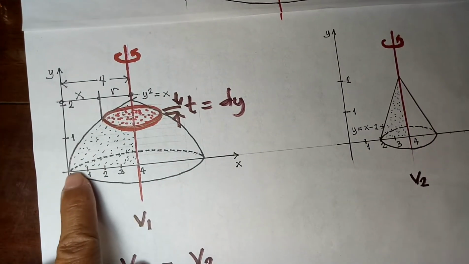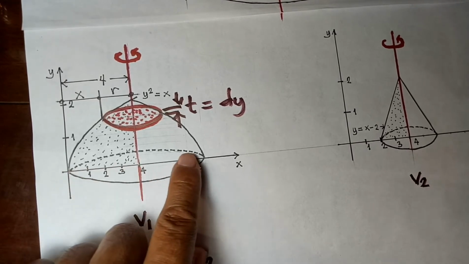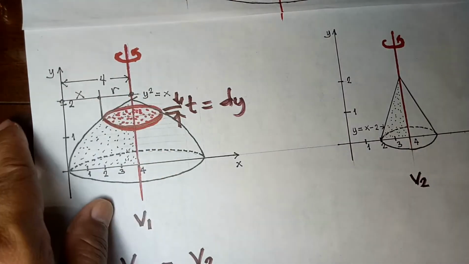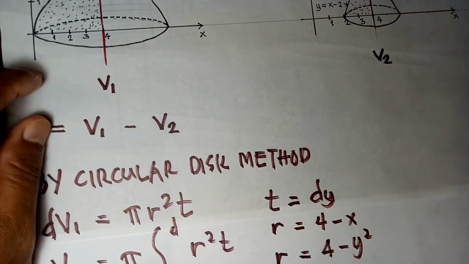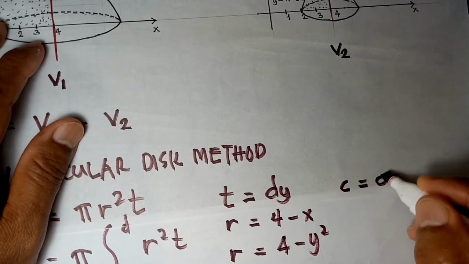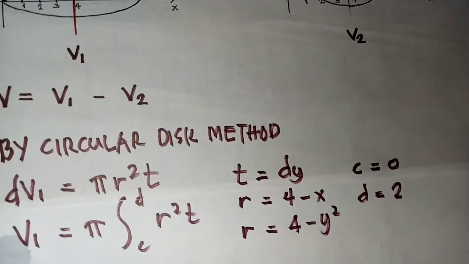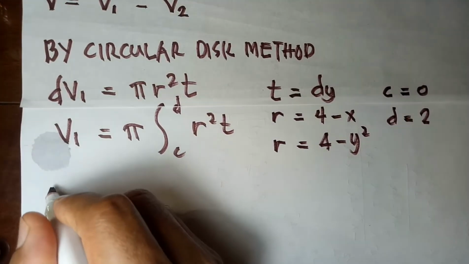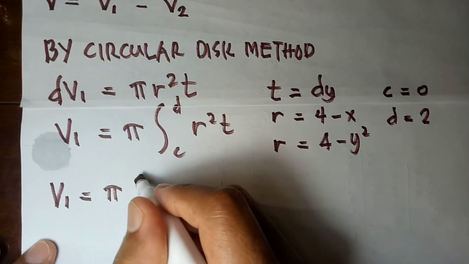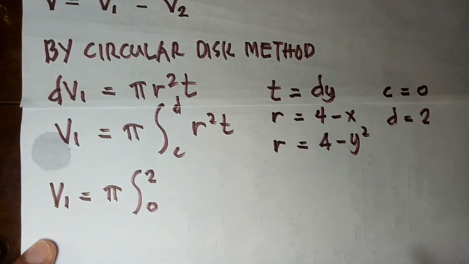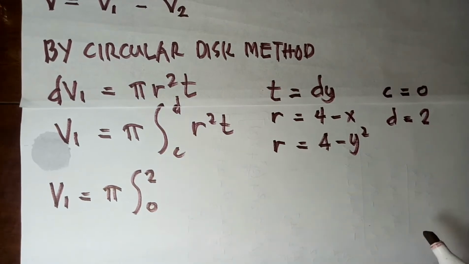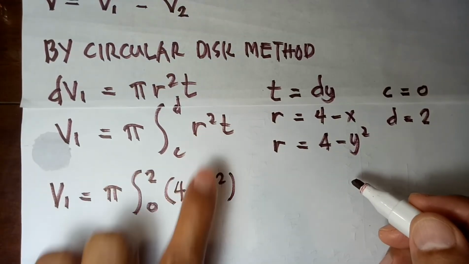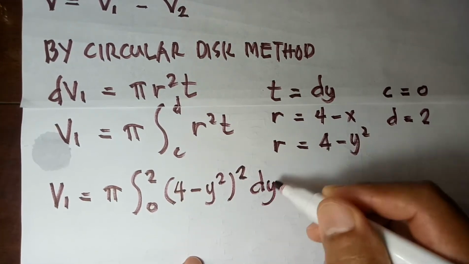The summing of the volumes of the circular discs starts at y equals 0 and goes up to y equals 2. So c equals 0 and d equals 2. Then we substitute our values into the formula. I will have volume 1 equals pi times the integral from 0 to 2 of (4 minus y squared) squared times the thickness dy.